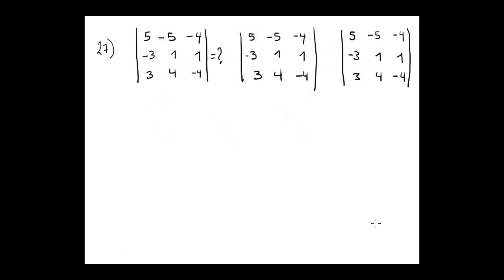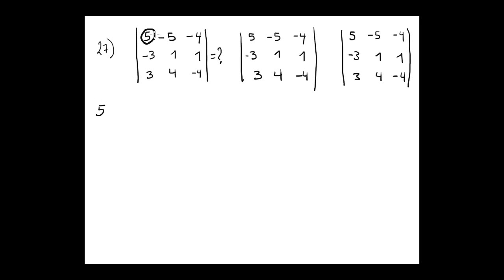Question 27 is to evaluate this determinant. I copy it two more times to explain better how you expand using the cofactor formula. In this case we start from the 5. Now you have, for example, 5 as the entry.